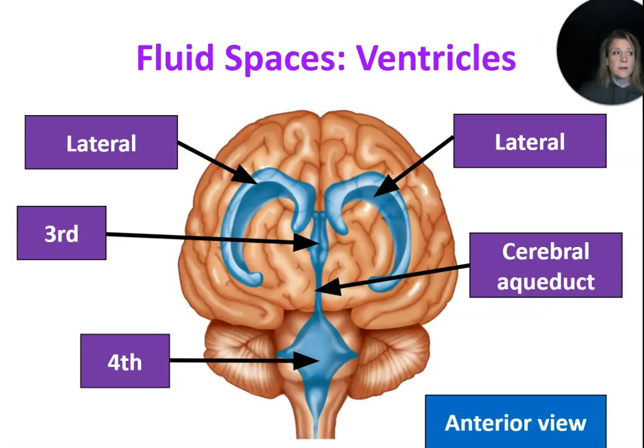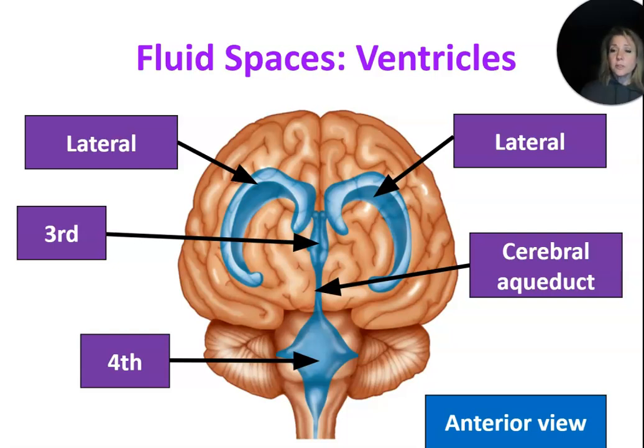All right, so these are the ventricles that I was talking about. Now we are on slide 19 of your note sheet, so go ahead and take a look here. This is the anterior view of the brain, and as you can see, we have 2 lateral ventricles. We don't say one of them is ventricle 1 or 2; we just call them the lateral ventricles.